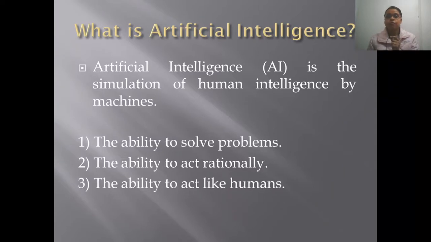Artificial intelligence is the ability to solve problems, the ability to act rationally, the ability to act like humans. That's why we say artificial, because it is not natural like us human beings. We have a mind through which we can take decisions at the moment, when situations are sometimes weird and sometimes very good.